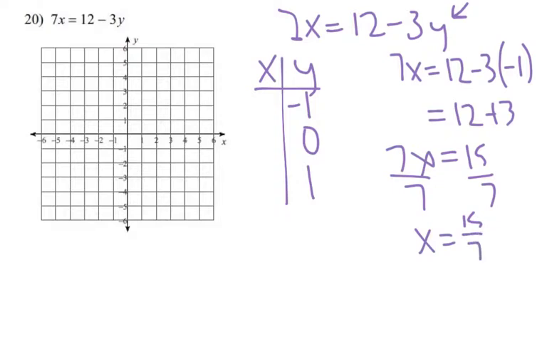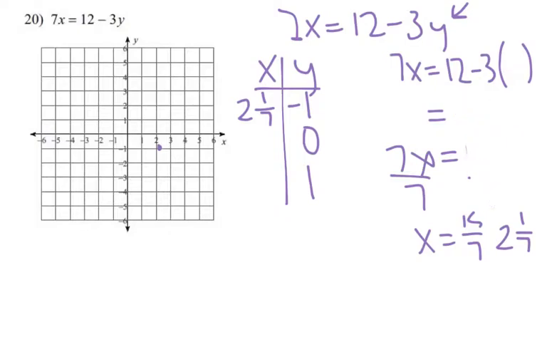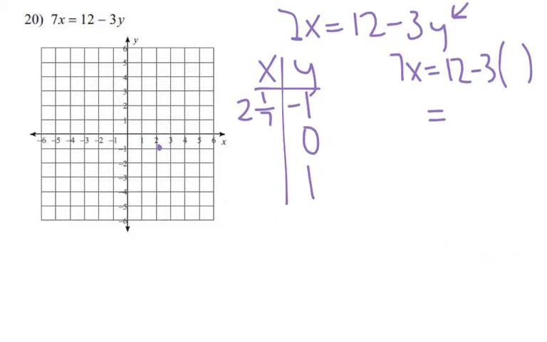Well, 7 can go into 15 twice, right? 2 times 7 is 14, and you'd have 1/7 left over. That's not the nicest number, but we could graph it. We'd go to 2, a little past 2, and down negative 1, because 1/7 would be a very small decimal. And you could figure it out with a calculator and be a little more accurate. That works. Is it our best, easiest way to do it? Probably not, but we can do it that way.